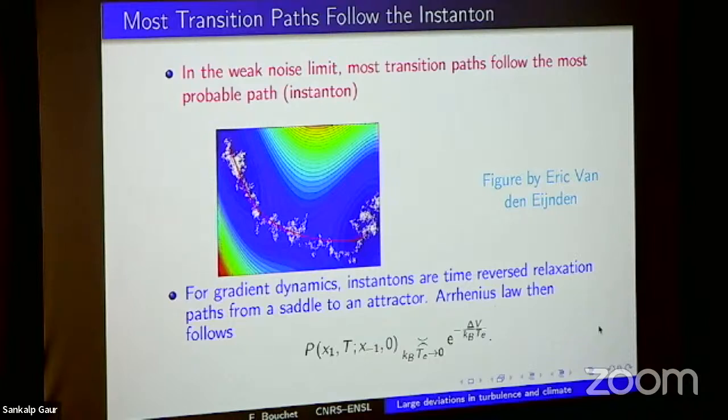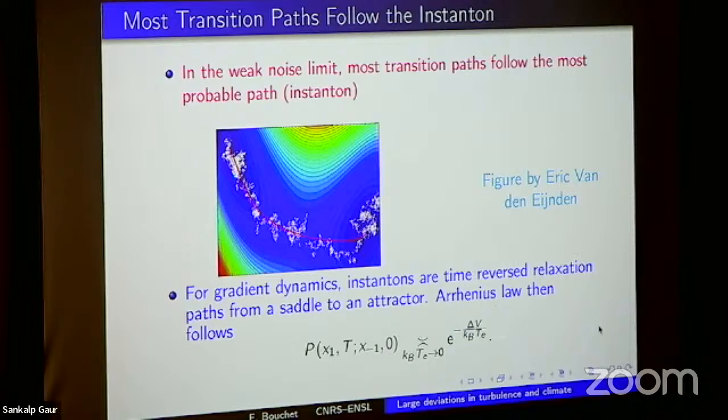And this is actually what we get. It's a simple exercise which is done in the lecture notes. You find directly, it's very easy, the exponential of minus delta V divided by kBT, just by finding the actual minimizer for this path.